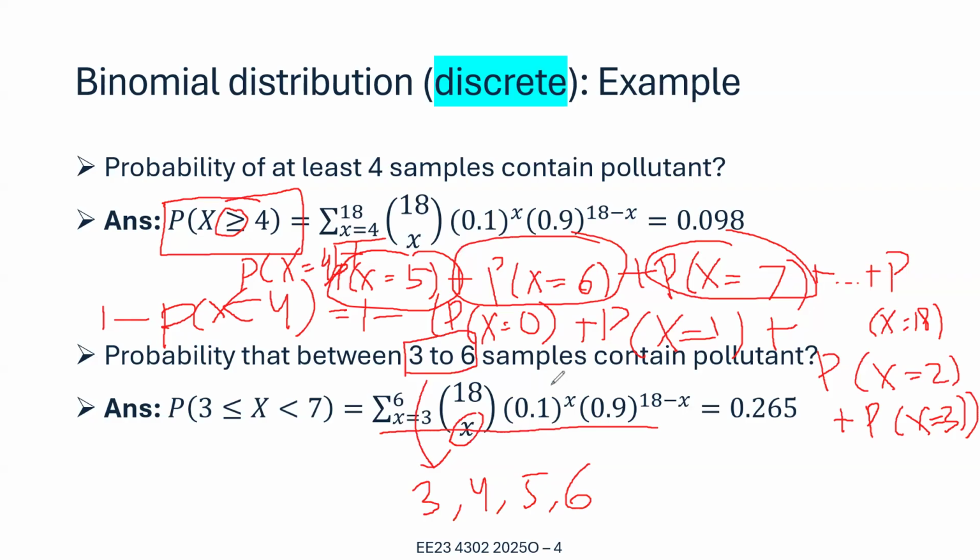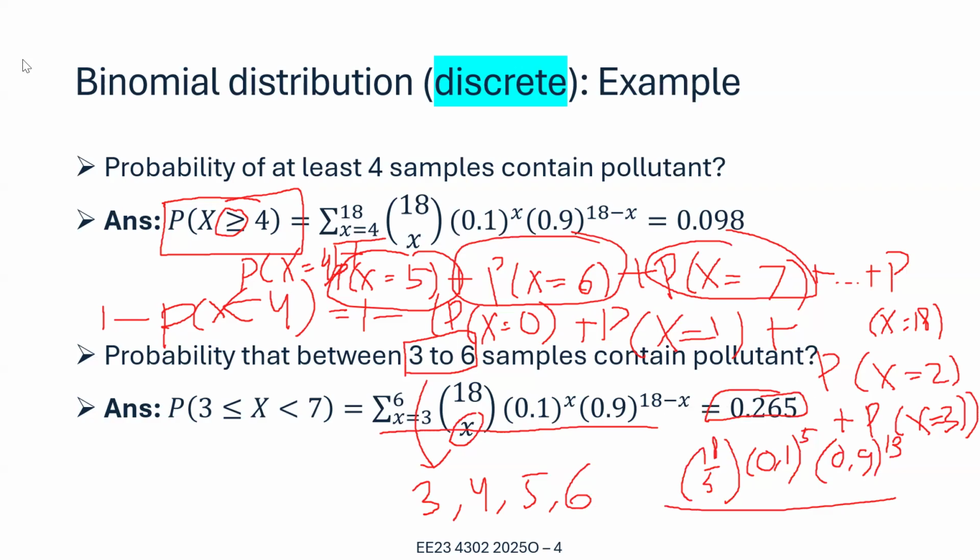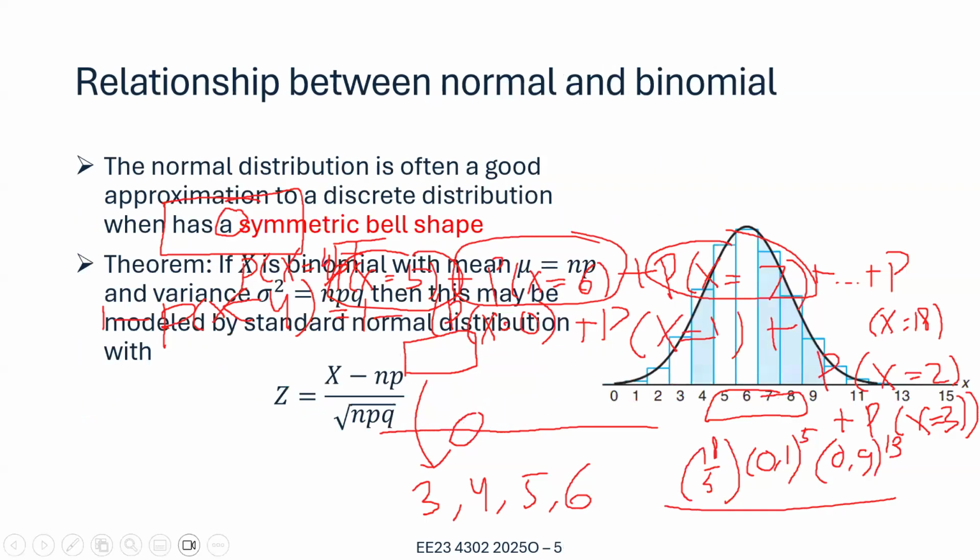For example, if x equals 5, then it would be 18 choose 5, times 0.1 to the power of 5, times 0.9 to the power of 13. If we sum this for 3, 4, 5, and 6, we will get about 0.265. All right, so that's for the binomial distribution.